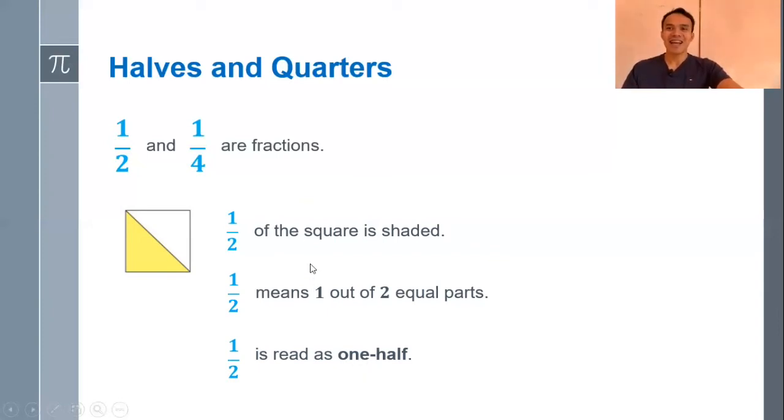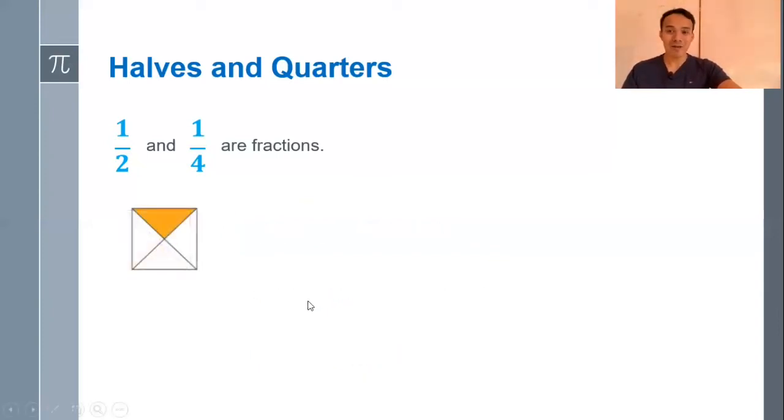Okay? Let's have another example. It's still a square, but this time it is divided into 4 equal parts. And notice that one part is shaded. The question is, what is the fraction of the shaded part?